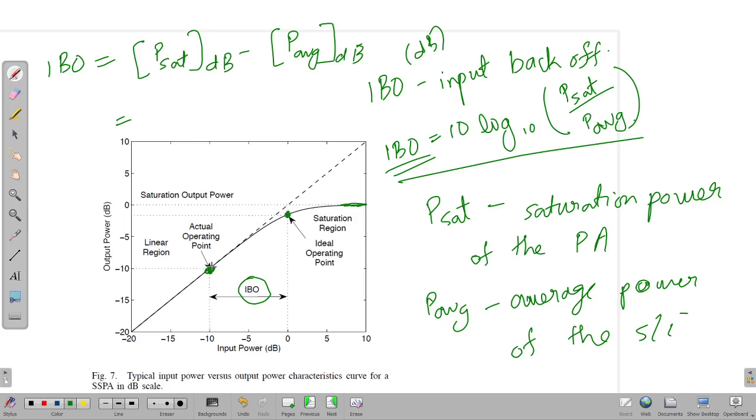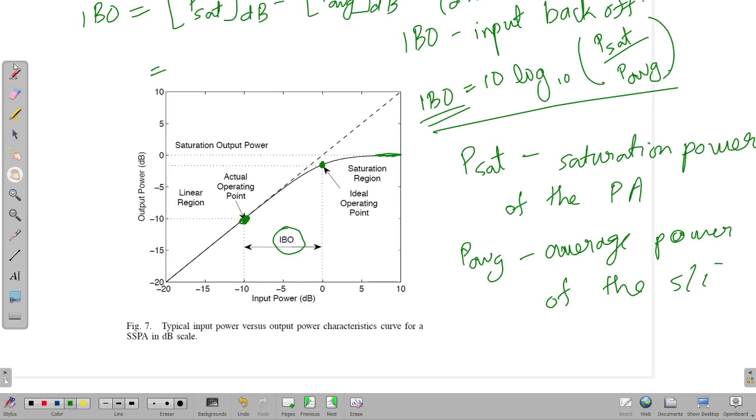The average power of the signal reduces. And if you have IBO equal to PAPR, peak to average power ratio, peak power divided by average power, even for peaks, it doesn't exceed this ideal operating point. Right? So that is a small description about the characteristic of the power amplifier.